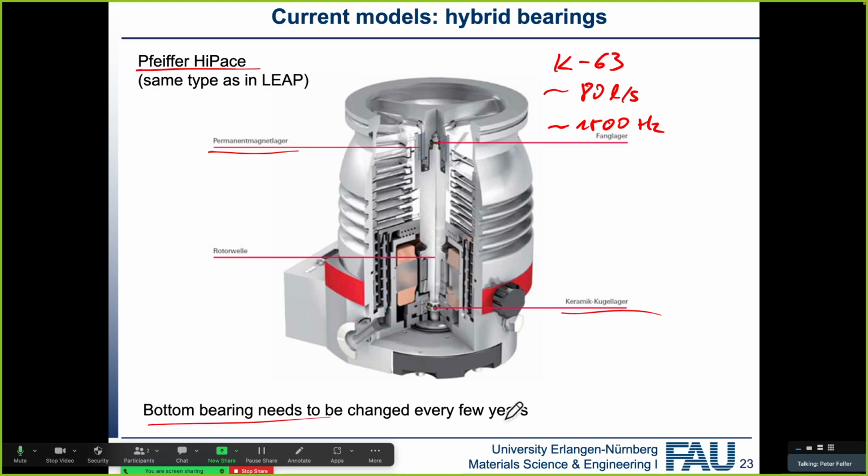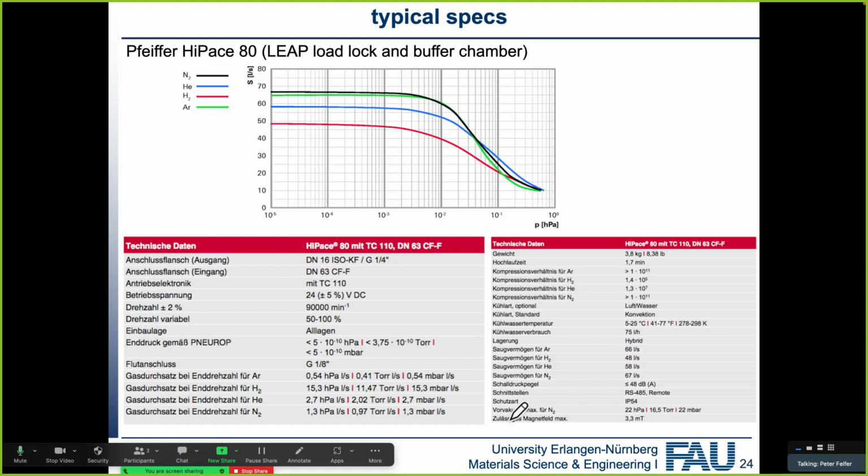And so here the maintenance is that the bottom bearing typically needs to be changed every couple of years. But apart from that, they're pretty low maintenance, and they're very clean and very easy to operate.